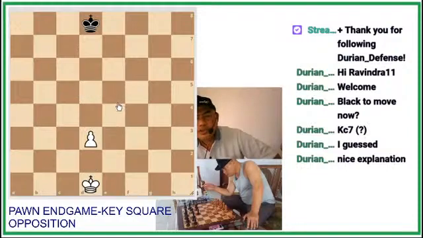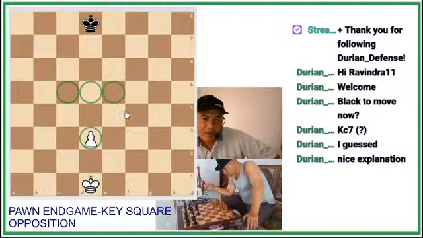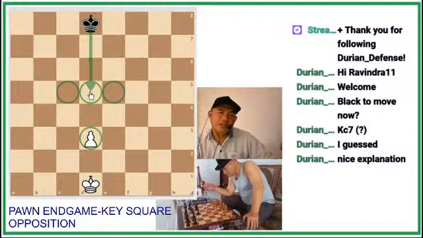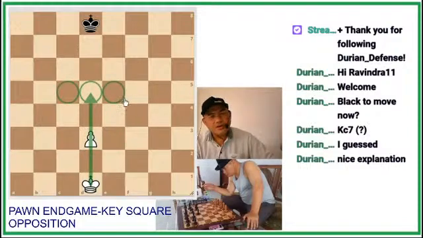In this position, just like before, the difference is the pawn is on d3. As we have learned, when the pawn is here, the key square is here on the fifth rank. So the key square is nearer to black and farther from white.